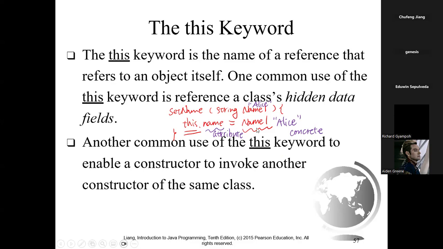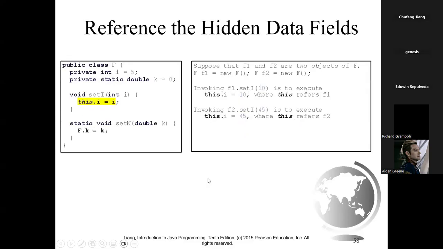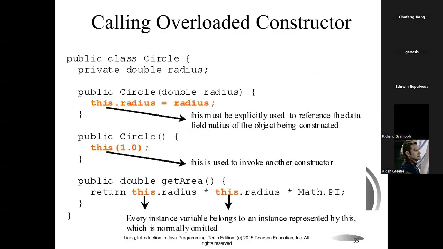Another common use of the this keyword is to enable a constructor to invoke another constructor of the same class. For example, here. Okay, this one. This is a default constructor, and this is a human-crafted constructor.